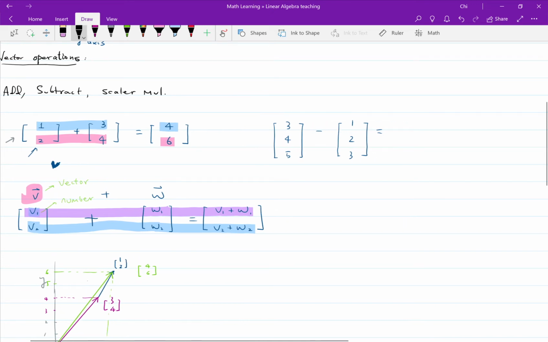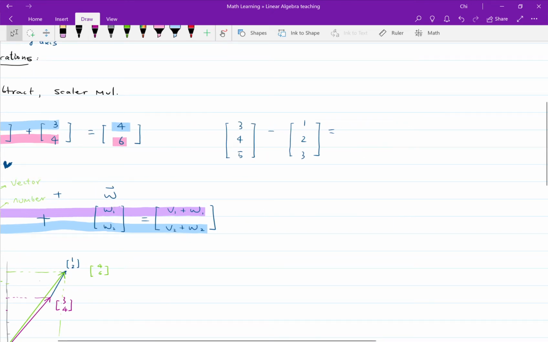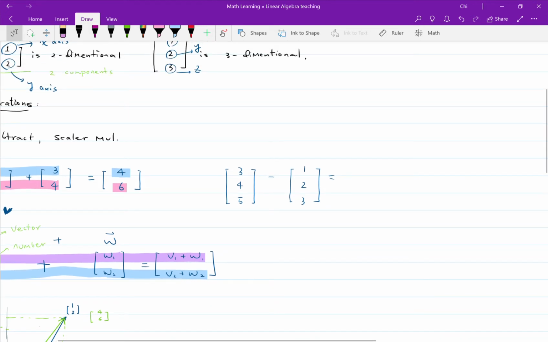But the rule is still the same. So here you have subtraction. The reason why I said this is kind of the same as addition is that subtraction is actually equivalent to, so those are algebra. So even though it's subtraction, you can say it's addition, but then everything in the second vector will become negative, and -3.